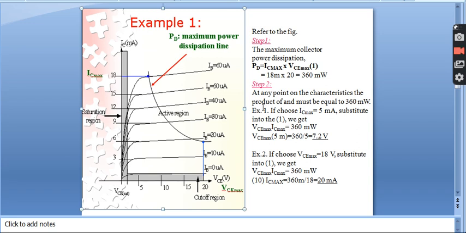In this example, the collector current is given as 5 milliamperes, so we have to find VCE maximum from this power dissipation.